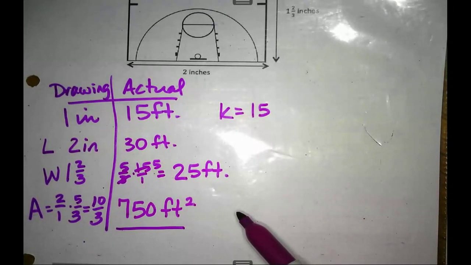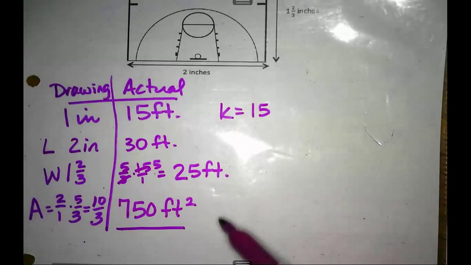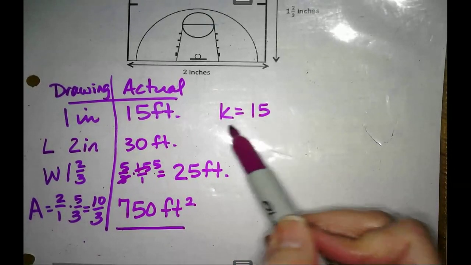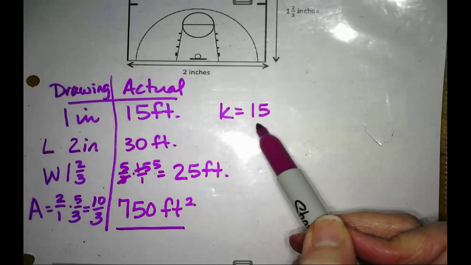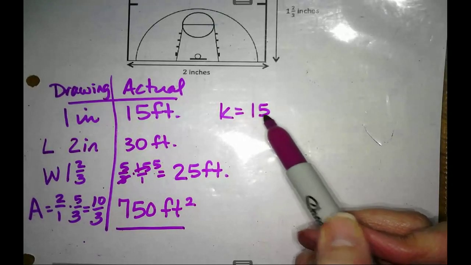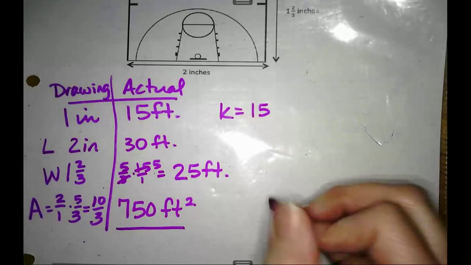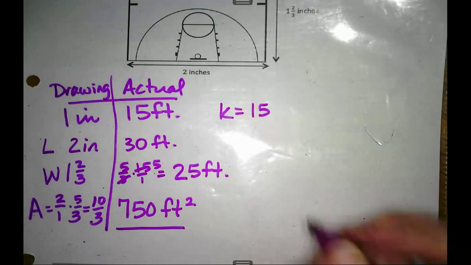So as we've talked about in examples 1 through 3, if we know what the scale factor is, or the scale ratio for the length, then we can square that and use that to find the actual area.